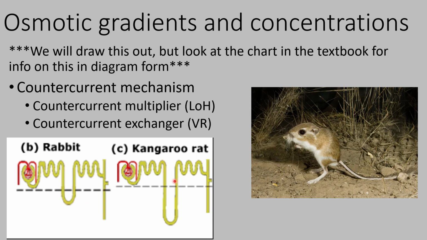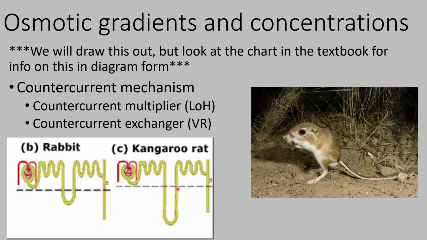Kangaroo rats, on the other hand, might not be able to find a source of water for days. So, when they find water, they're going to drink it, and then it might be a long time before they get water again. They do not want to waste the water that they have in their body by peeing it out.